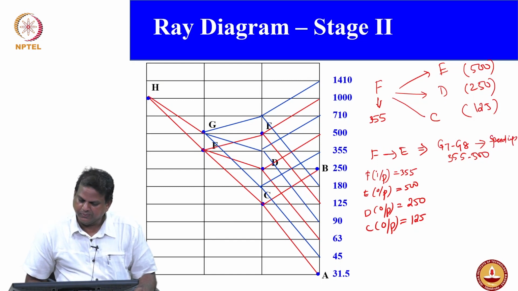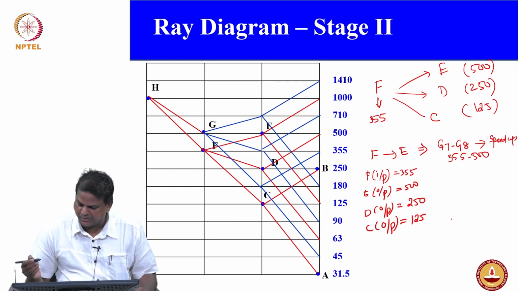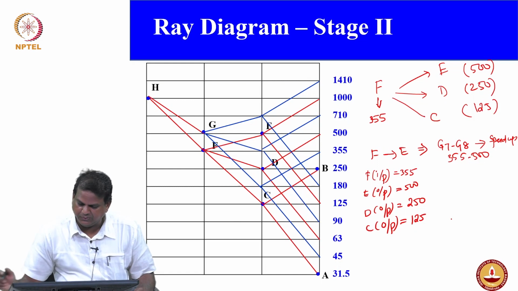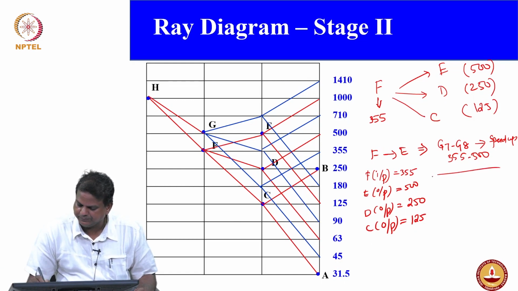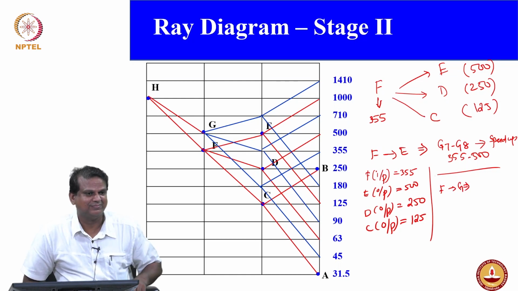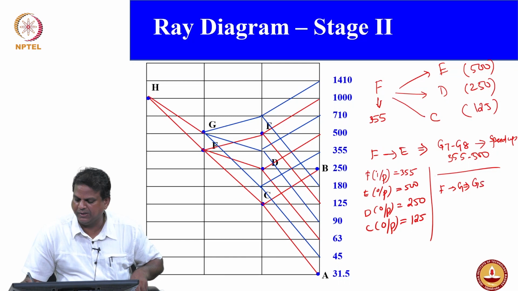Now this is one aspect. Let's move on to the other aspect. F to D. What gears are meshing? From your ray diagram, please. Gear 5, gear 6, right?